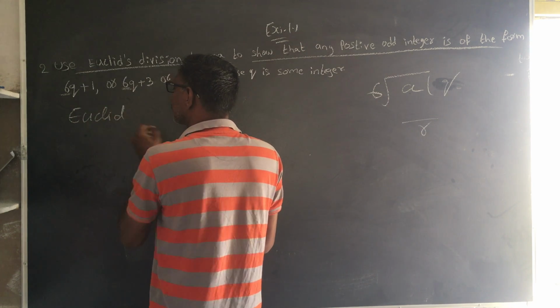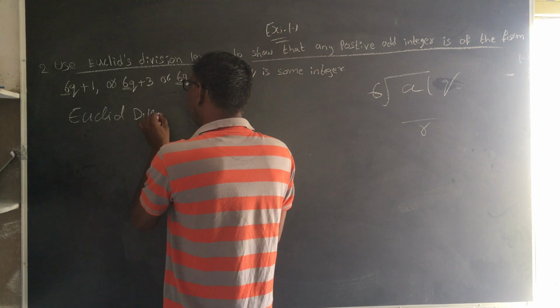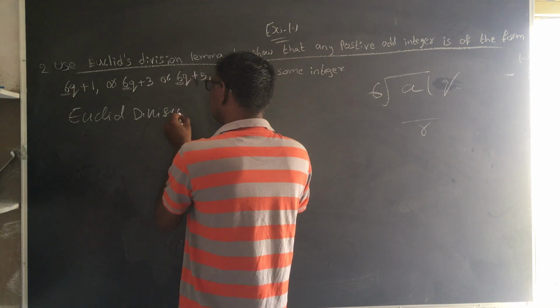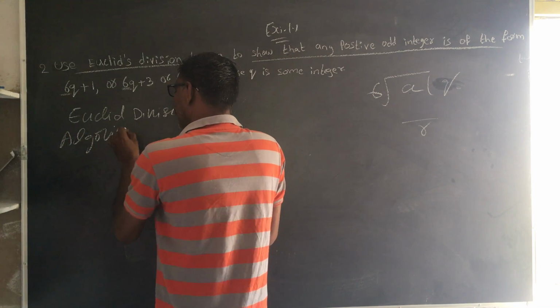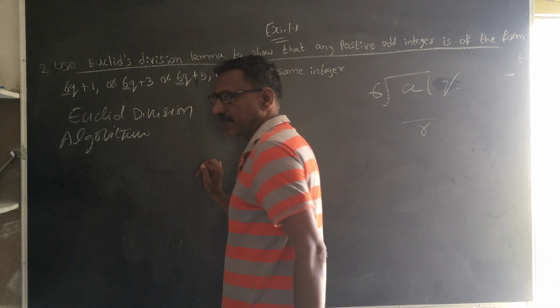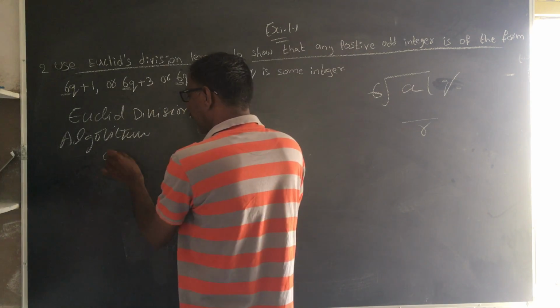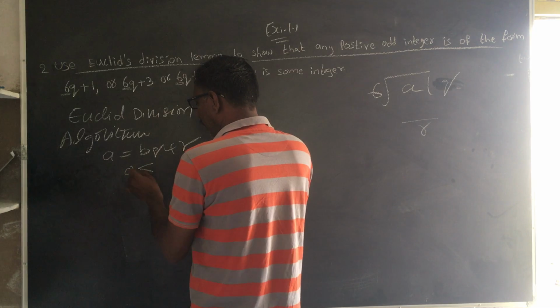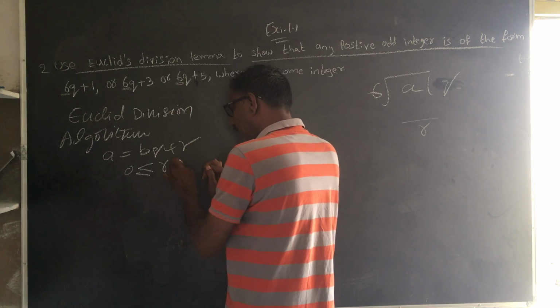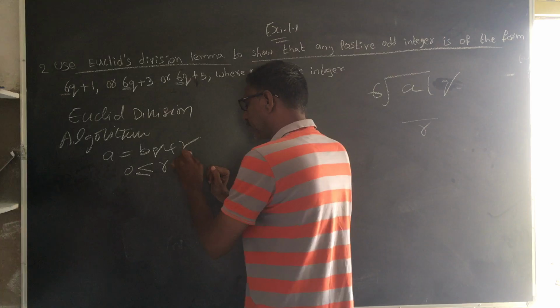Euclid's division algorithm is given by a is equal to bq plus r, where 0 is less than or equal to r, and the remainder is always less than my divisor b.